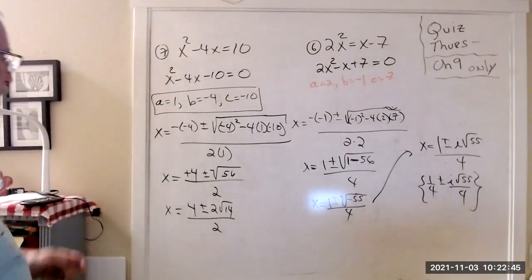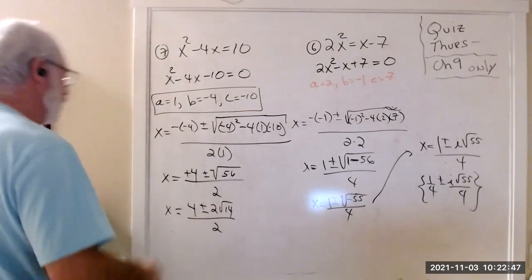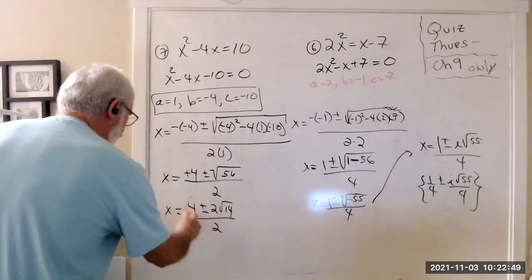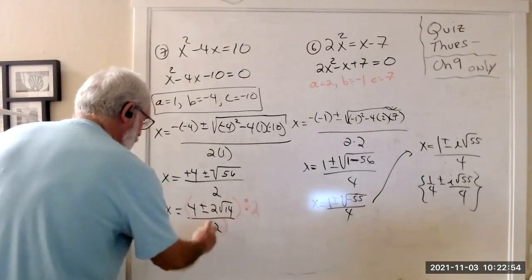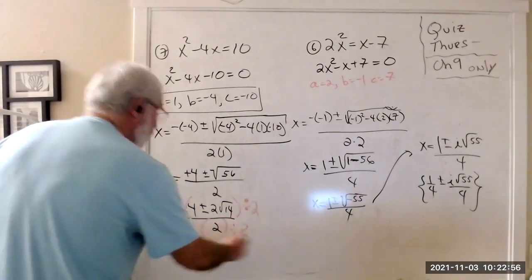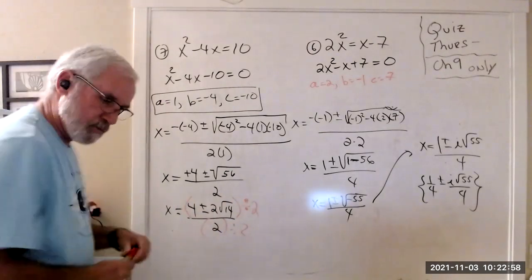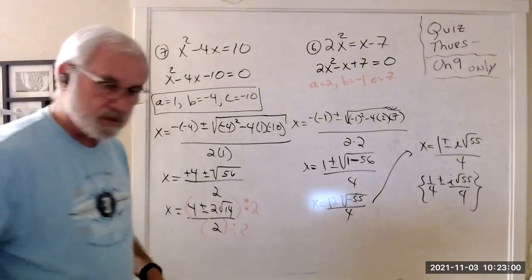Now comes the drudgery. Is that my final answer? No, because I can reduce everybody by 2. I need more room, so I need to erase.